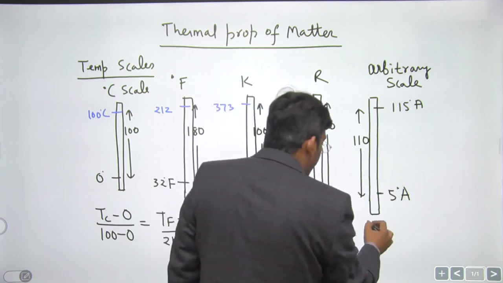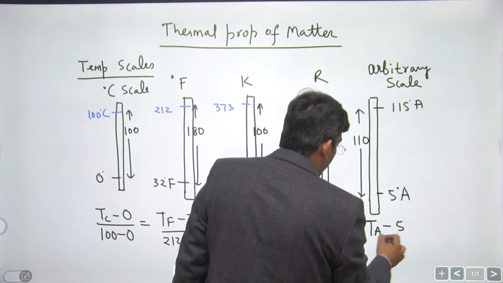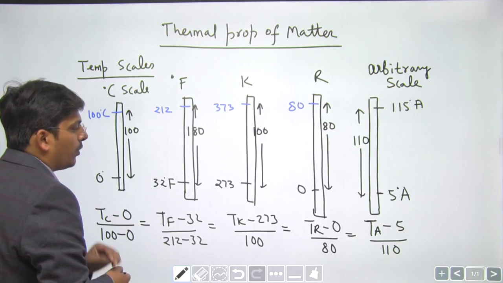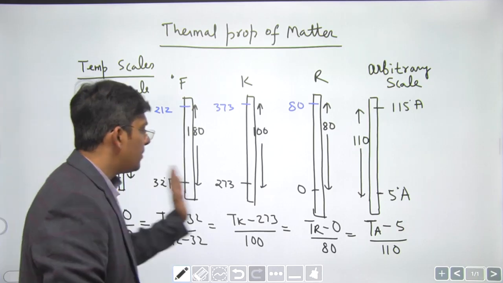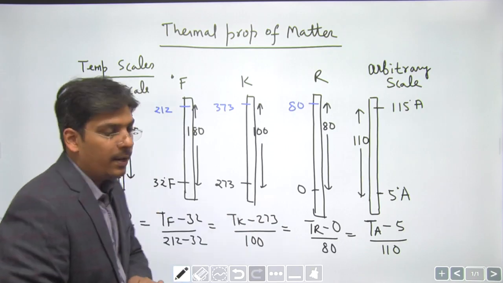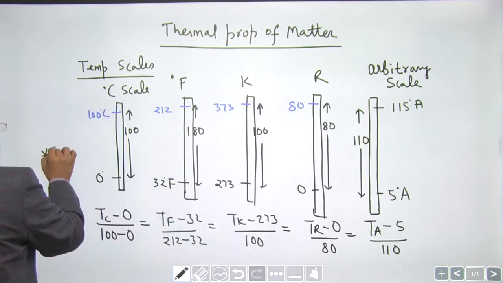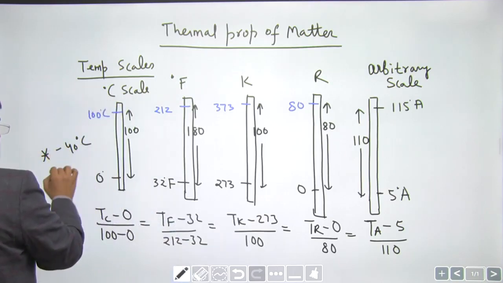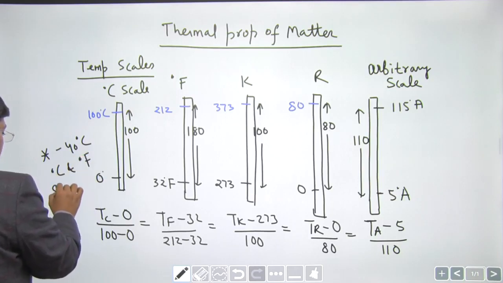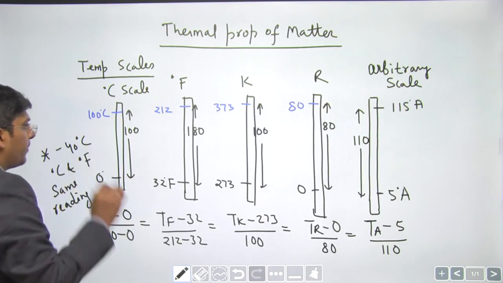Temperature in the arbitrary scale named after you, TA minus 5 divided by 110, dear students. In this way you can convert Celsius to Reamur, Fahrenheit to Kelvin, Kelvin to Celsius, whatever. Keep in mind one important thing, that at minus 40 degrees Celsius, the degree Celsius and degree Fahrenheit scales give the same reading. One important thing to remember.